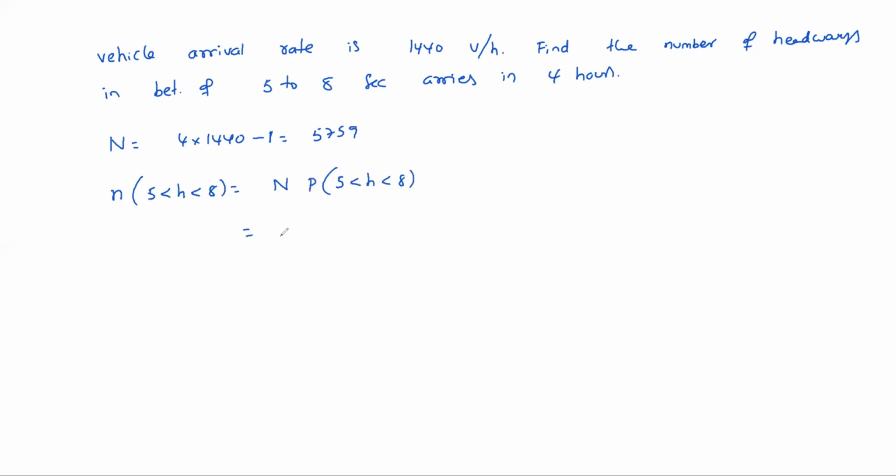So capital N, 5759, into this probability we know, that is e power minus 1440 by 3600 into 5 minus e power minus 1440 by 3600 into 8, equal to how much, in 4 hours.